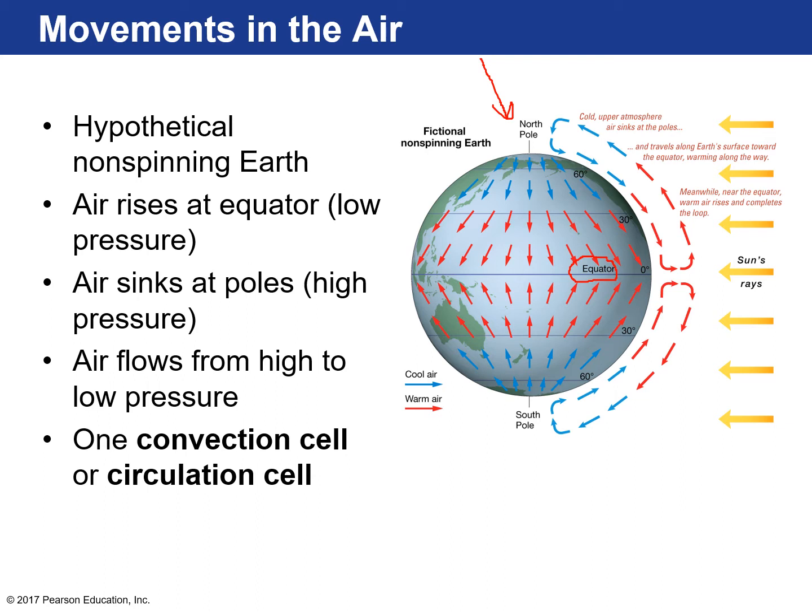So at the equator, these hot air masses will rise and hit the upper atmosphere, and then they'll move towards the poles and cool down as they approach the poles in both hemispheres.